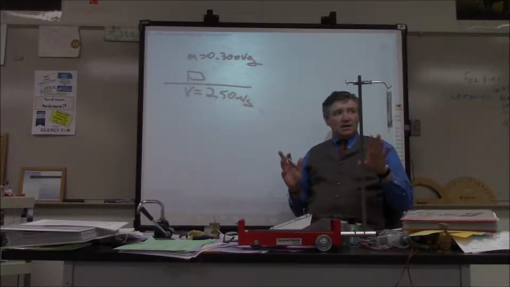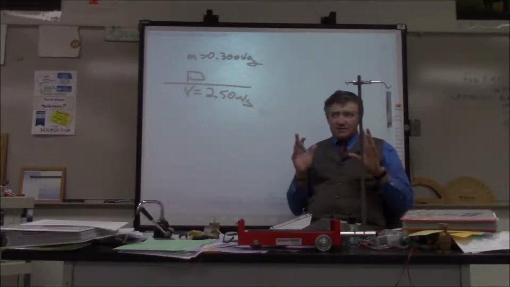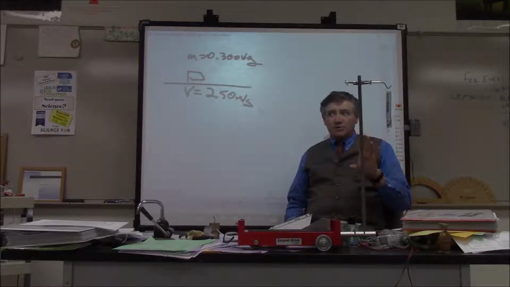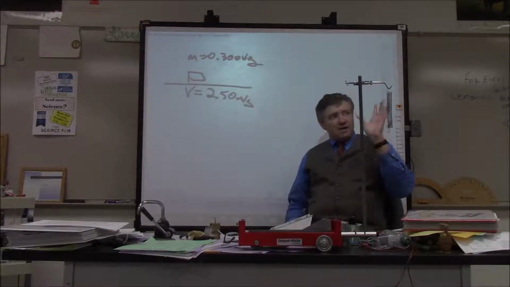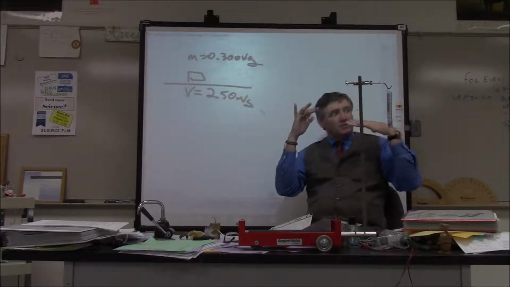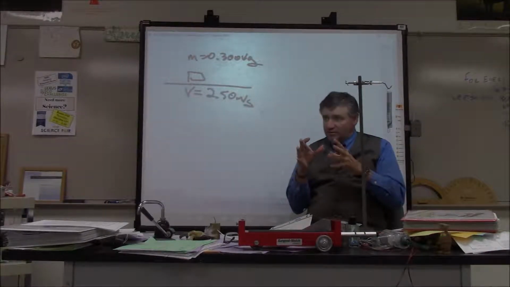At some point, if you can isolate a pure type of energy, that makes these problems really, really simple to work. Because that's going to allow you to isolate that variable that is your energy constant for the problem.